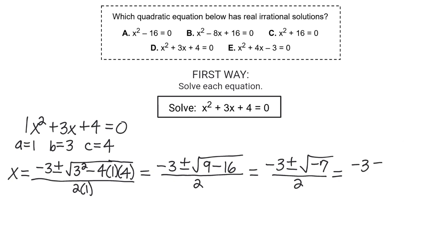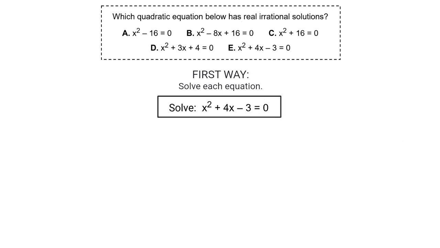So this is going to be negative 3 plus or minus the square root of 7i over 2. So even though the square root of 7 is an imperfect square root, it is irrational, we want real irrational solutions, not imaginary ones. So now we know this one's wrong.